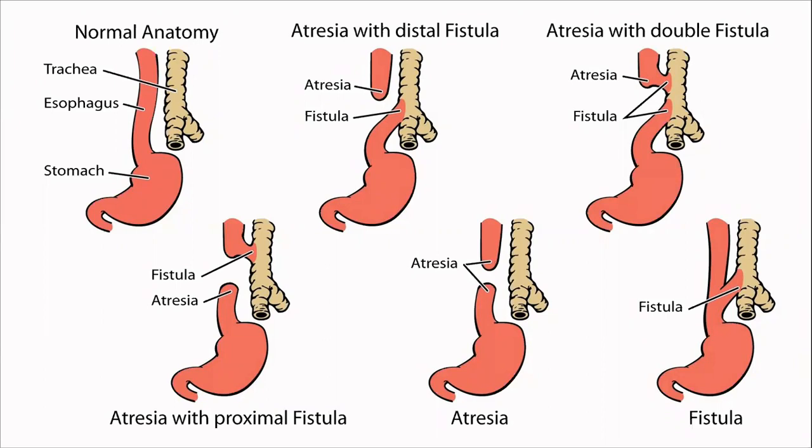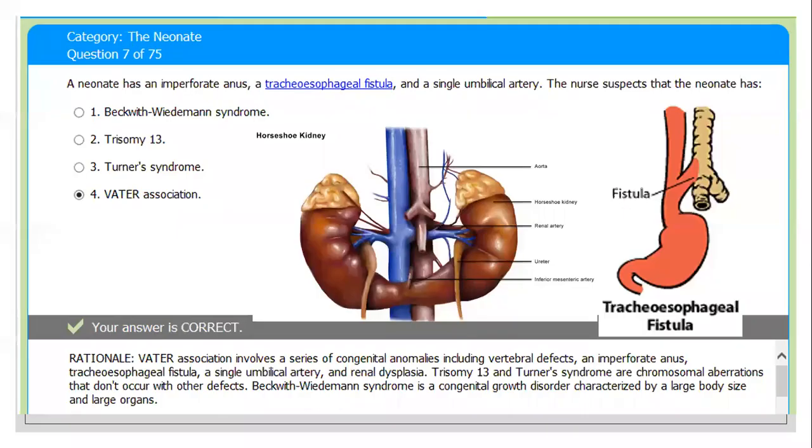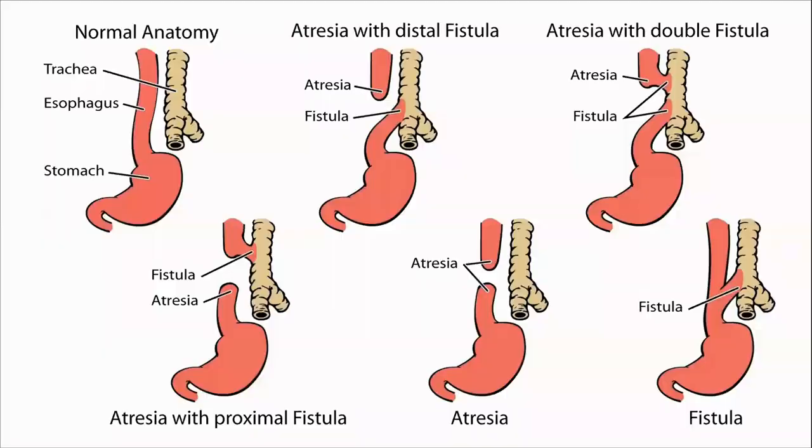So in this question, let me go back. They said better association when the patient has tracheoesophageal fistula, imperforate anus, and horseshoe-shaped kidney. So what are the normal kidneys supposed to be?